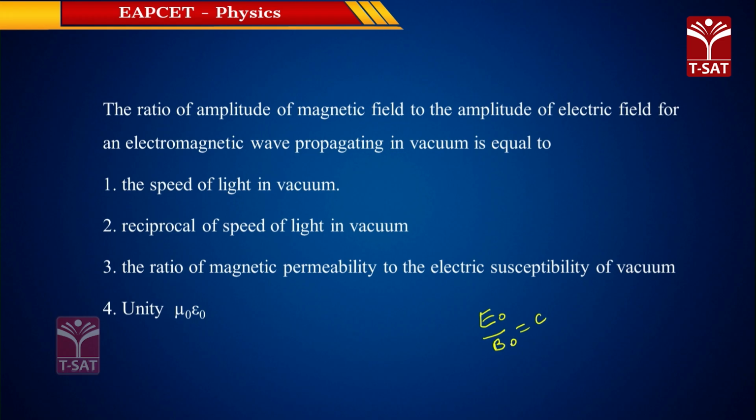That means the ratio of electric field to magnetic field is equal to the velocity of light. But here the ratio of the amplitude of magnetic field to the amplitude of electric field is the reverse. Therefore which option is correct? The first option, the speed of light in vacuum, is wrong. Second, the reciprocal of the speed of light in vacuum, is the correct answer.